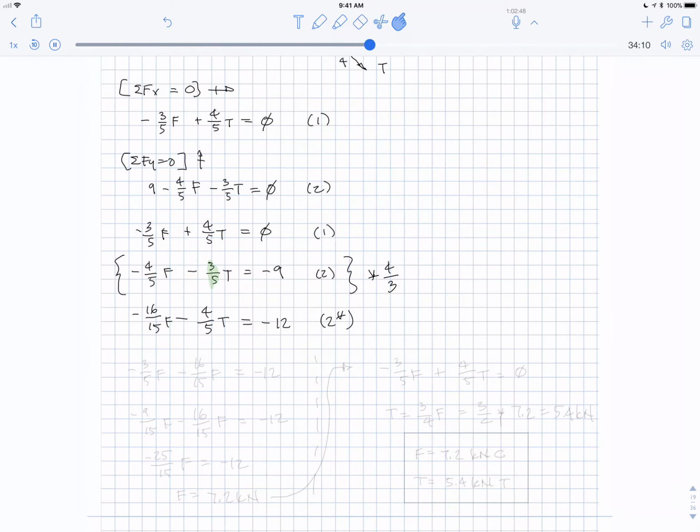Now all I'm going to do is add equation 1 and 2 star. That comes out to minus 3/5 F minus 16/15 F plus 4/5 T minus 4/5 T equals 0. That was the whole point. Equals 0 plus minus 12.